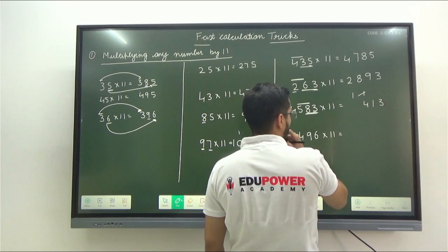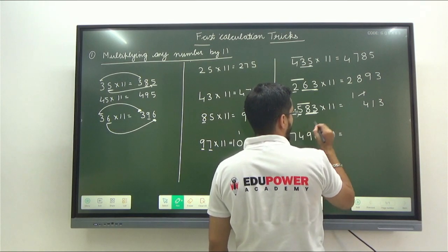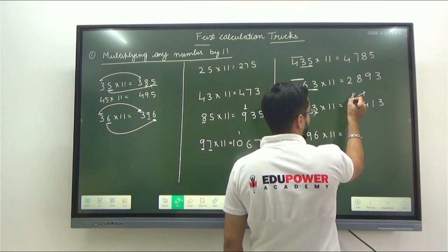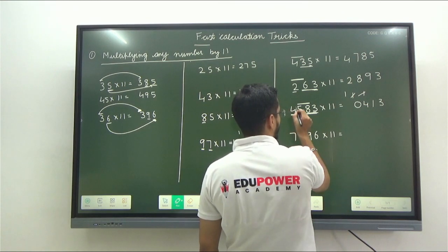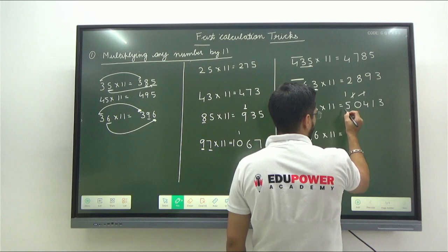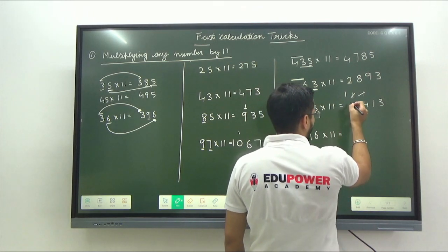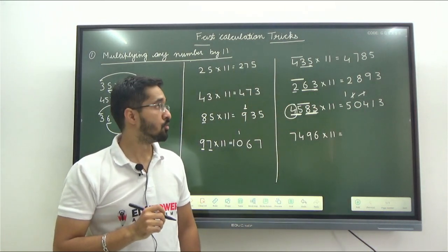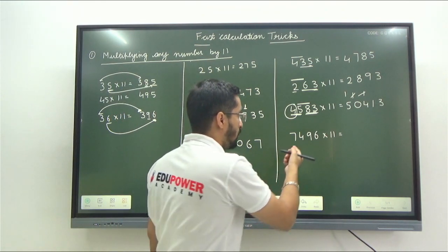Now 5 plus 4, 9, and 9 plus 1 is 10. Again 1 carry. Now this 1 I will add to this 4. So 4 plus 1 will be 5. So answer will be 50413. Right.